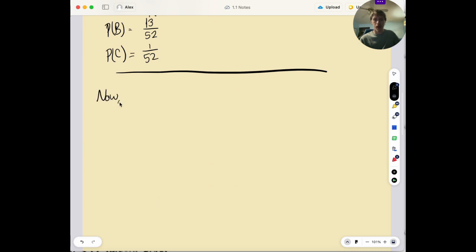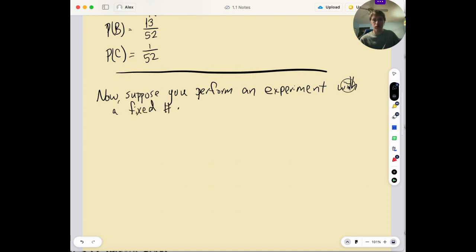Now, suppose you perform an experiment with some number of trials that are going to be fixed or a constant value. And we can define the experimental probability.